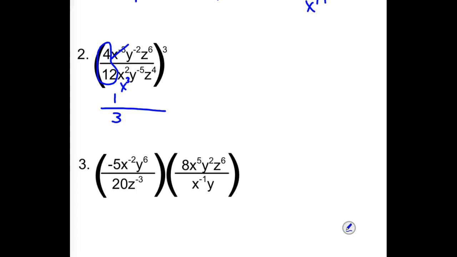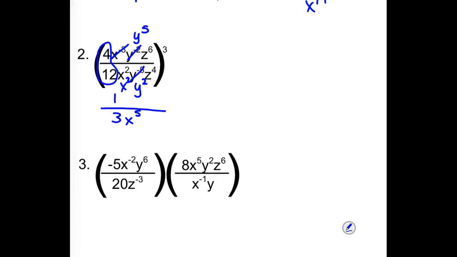So how many x's now do I have? I have 5, and are they in the numerator or denominator? All right, so I'm going to have 5 of them down here. Looking at the y's, both of them have negative powers. So both have to flip, which means the y to the negative 5 is going to move up here, and then the y to the negative 2 is going to move down there.